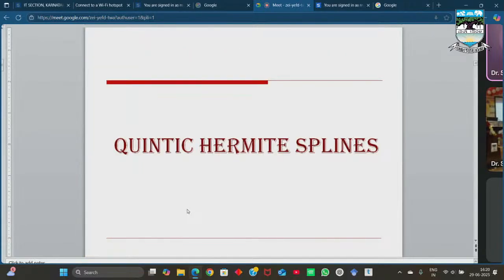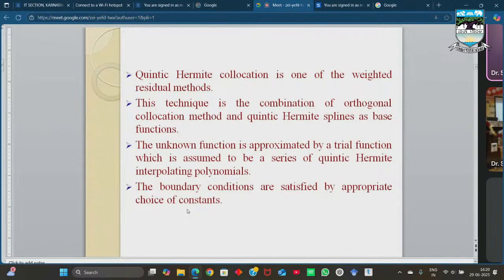Now we come to the application of quintic-Hermite splines. Quintic-Hermite collocation is one of the weighted residual methods which is followed to solve the nonlinear partial differential equations in a convenient way. This is a combination of the orthogonal collocation method and Hermite splines.